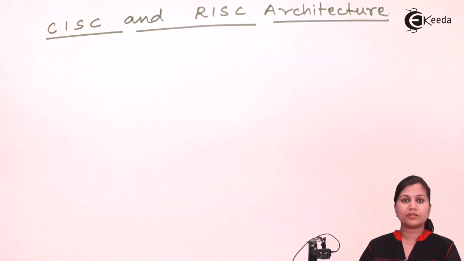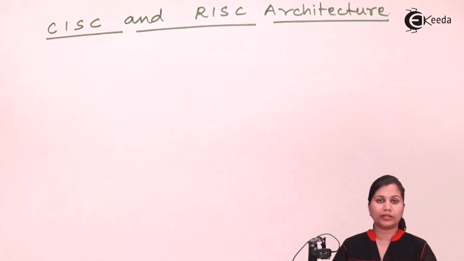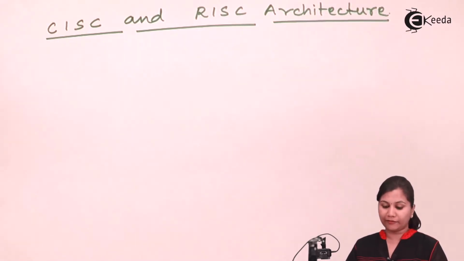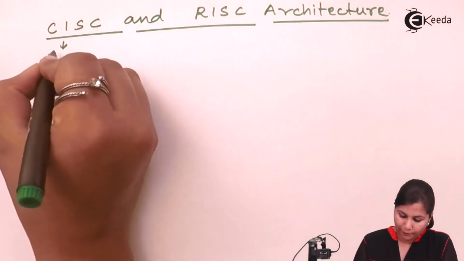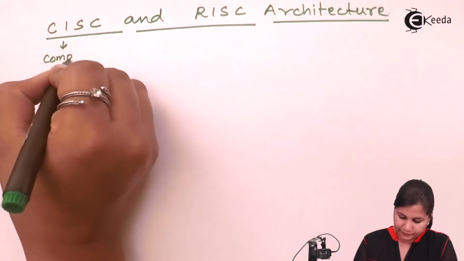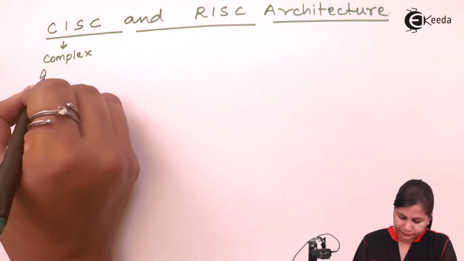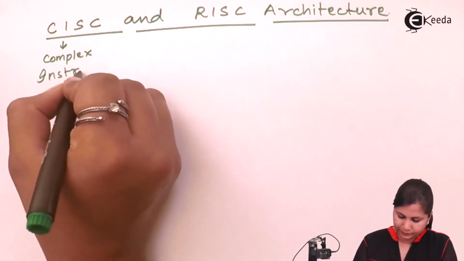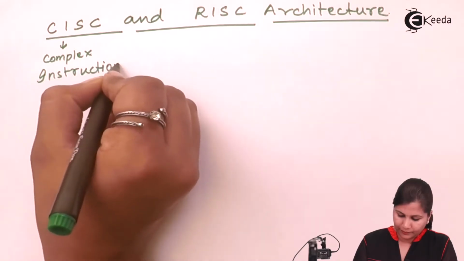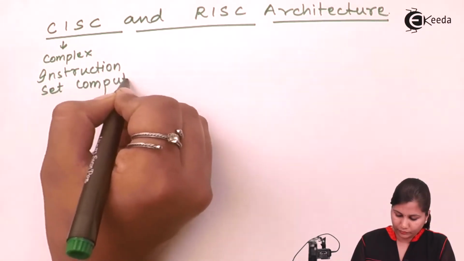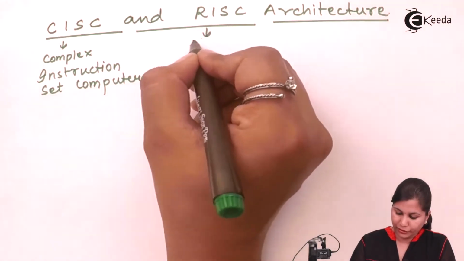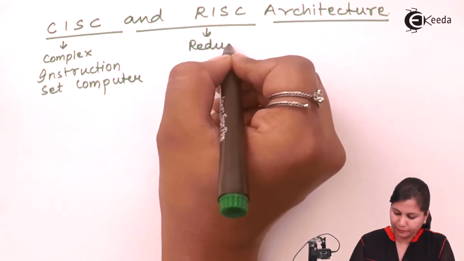In embedded systems, we have the processor. The processor can have the CISC or the RISC type of architecture. CISC means complex instruction set computer, and RISC means reduced instruction set computer.